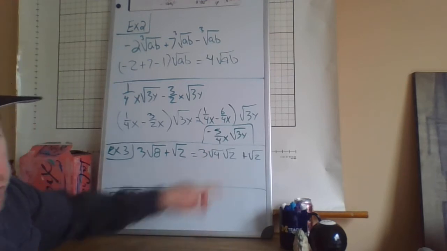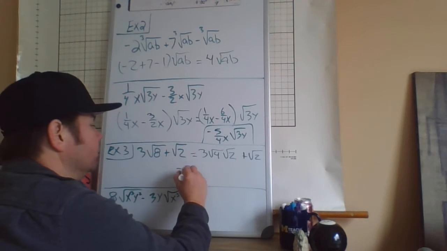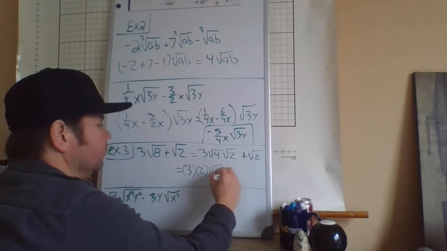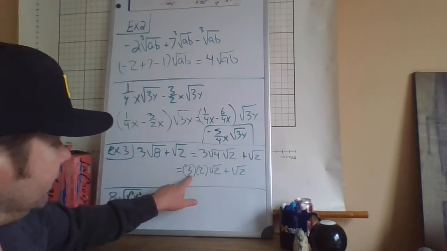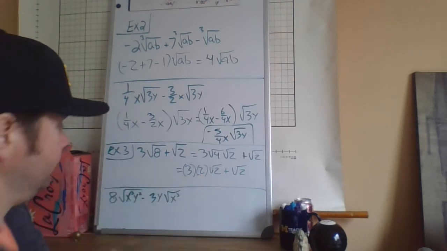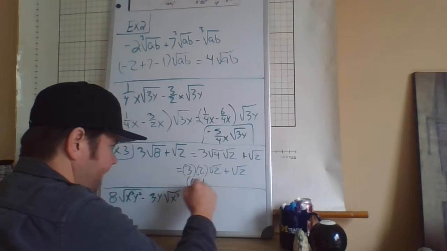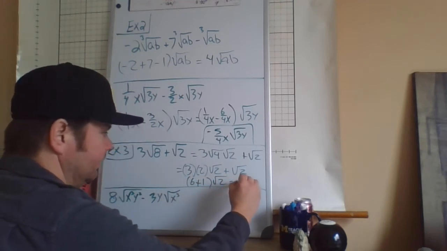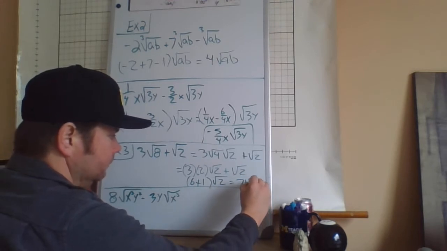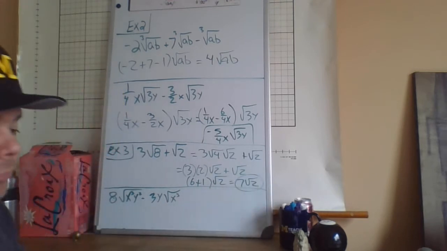Square root of 4 is just 2. So now I've got 3 times 2 times the square root of 2 plus the square root of 2. 3 times 2 is 6. There's a 1 in front of that other one. So my final answer looks like 7 times the square root of 2.